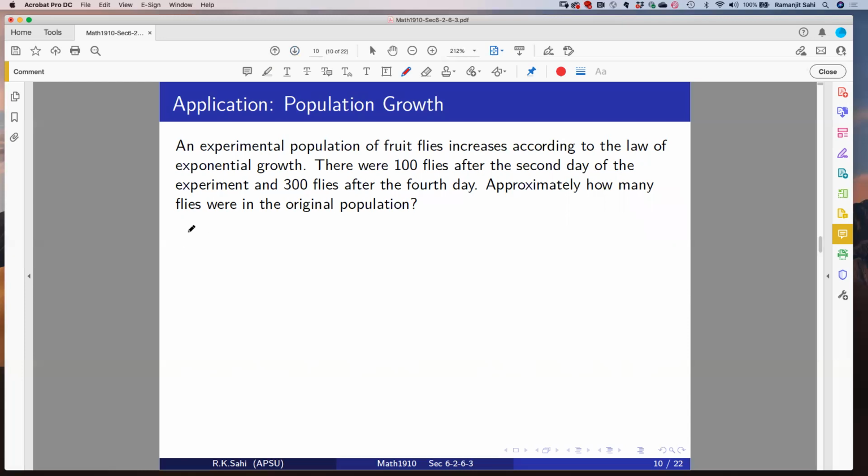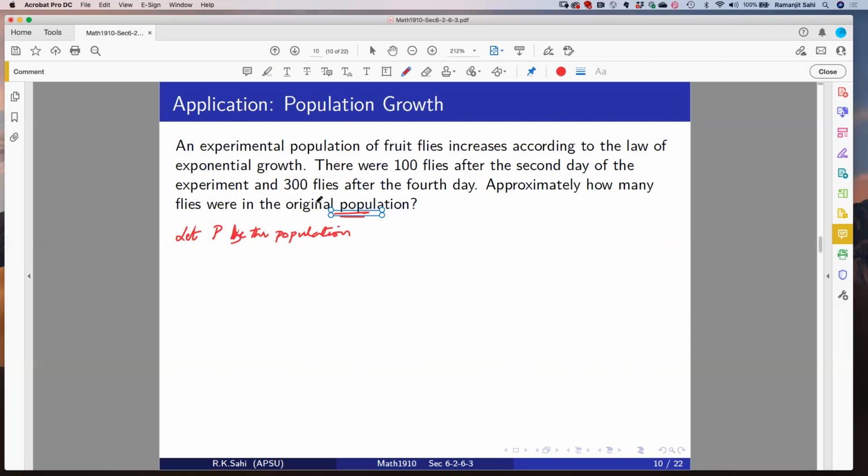So let's start the problem. First of all, what are we looking for? We're looking at population as the variable. So we say let P be the population, because it's regarding population here. And what are we given?